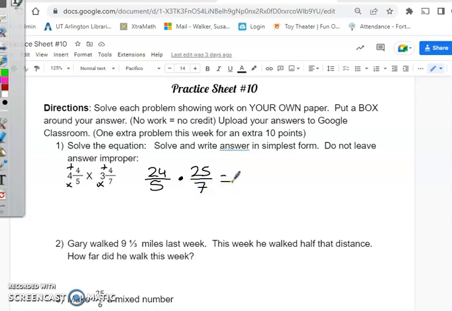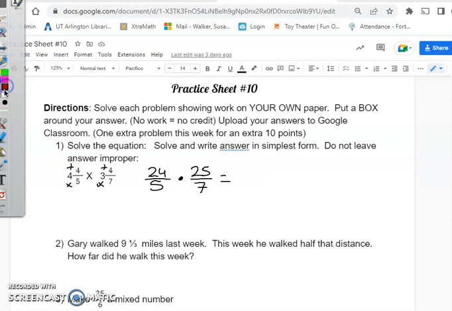Okay, now we look for a relationship. If you cannot find this relationship, then you multiply 24 times 25, 5 times 7. Then you'll divide to make it a mixed number and simplify it. But I would try to find the relationship.